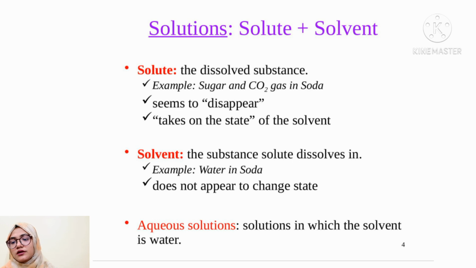In a solution, usually the component that is more in quantity is the component which dissolves the other component. The component that dissolves the other components is called solvent, and the components that are dissolved by the solvent are called solute.